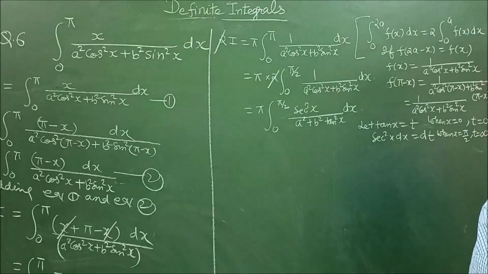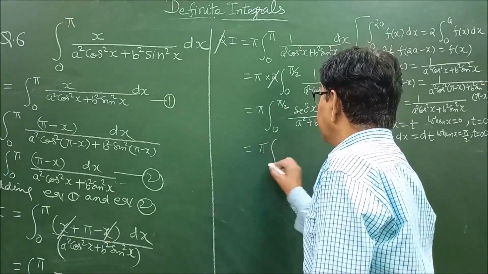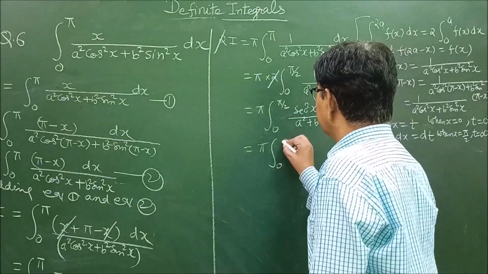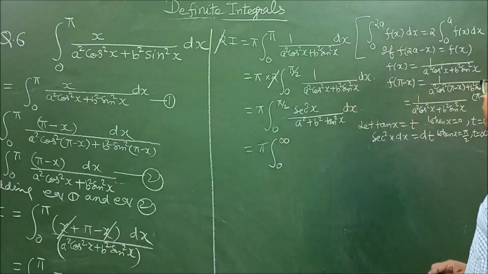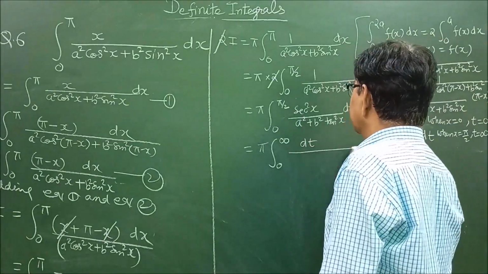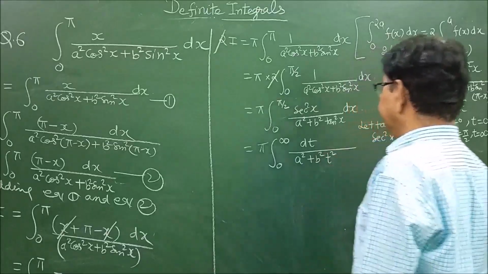So the limits will change with this substitution: the lower limit will be 0 and the upper limit infinity, and sec square x dx will be replaced by dt upon a square plus b square t square.